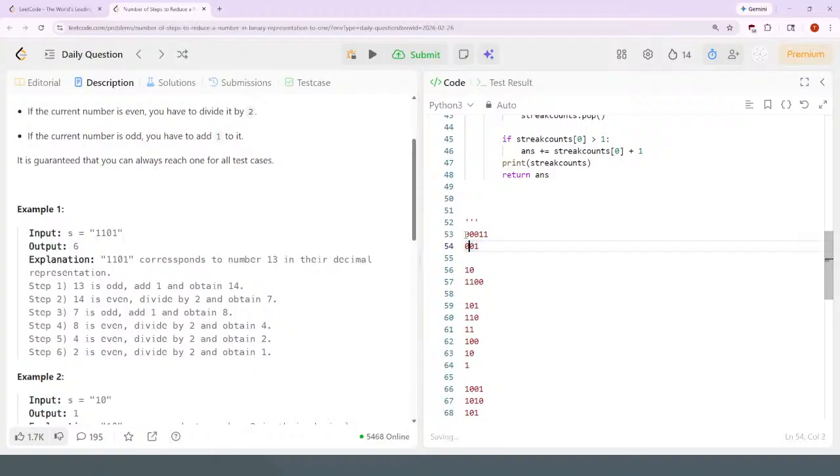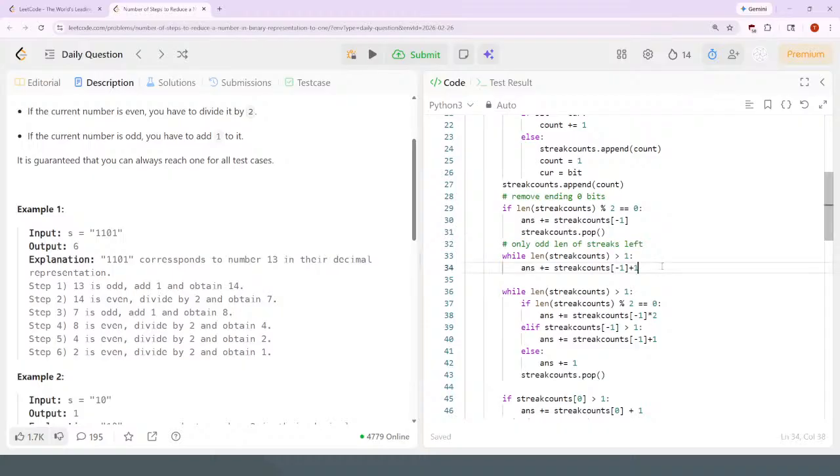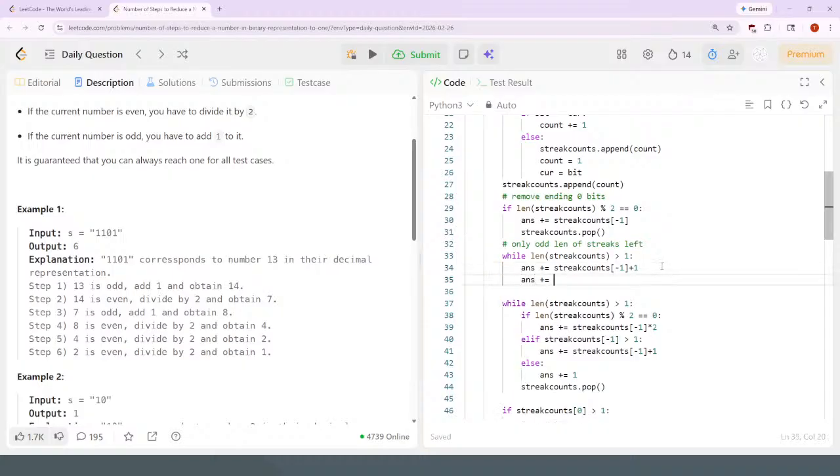And then the remaining zeros, it's going to use two operations per to move this 1 over to the left. So it's going to be answer plus equals streak counts, the number of zeros minus 1 times 2. Minus 1 because one of the zeros already converted into a 1.